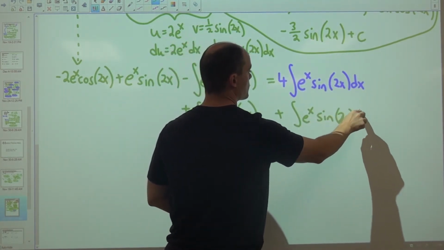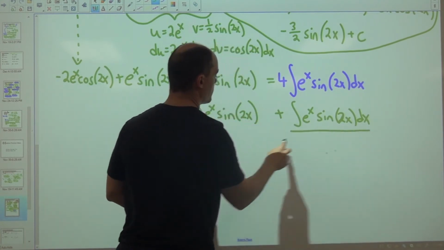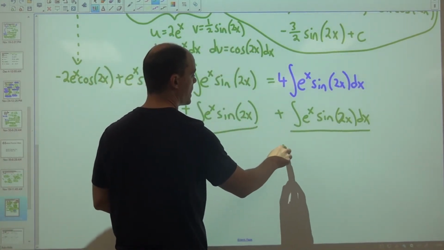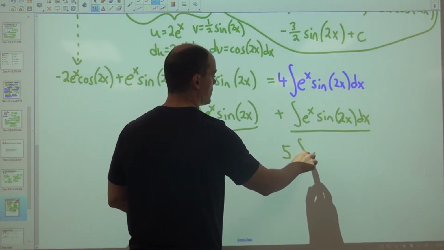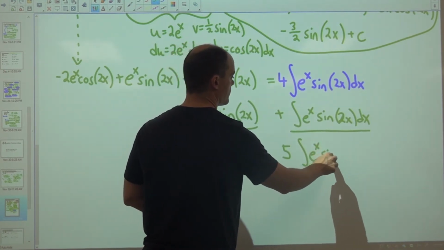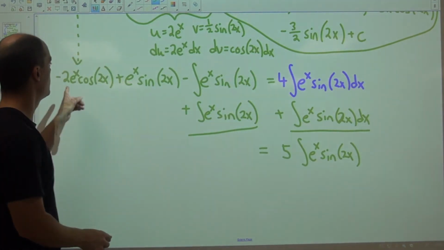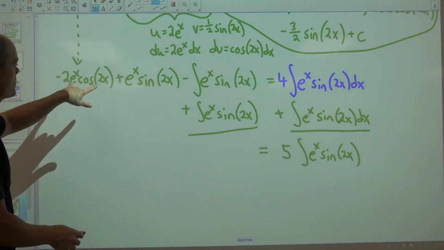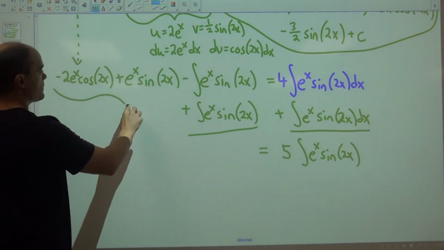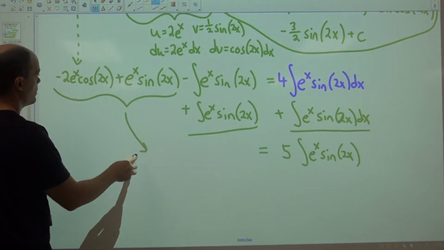2x. And so what I end up with is 5 of these e to the x sine of 2x's equals all of this stuff. And guess what I'm going to do with all of this stuff? I'm just going to put it over 5.